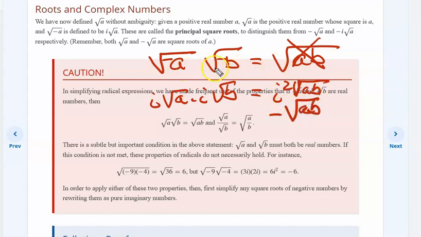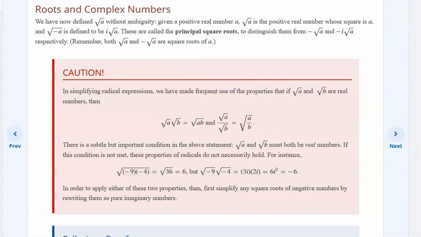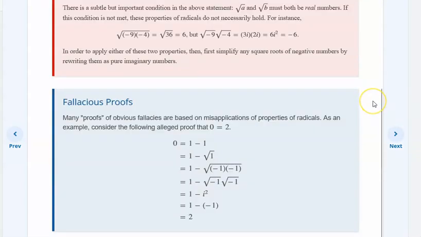So you need to be careful when you do that, and they're showing that down here. Now they're also giving what is called a fallacious or a false proof that I want to show you so you could see it as part of our work. Again, that would be a fallacious proof.